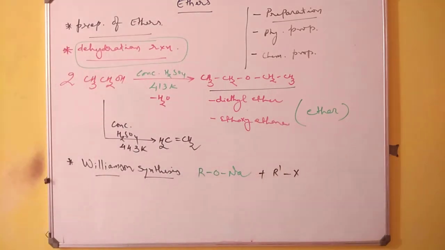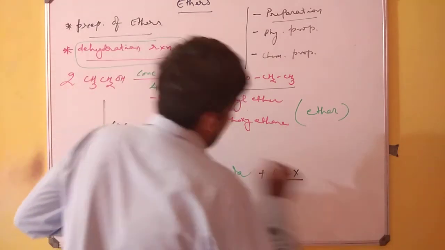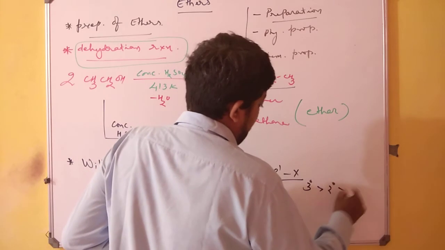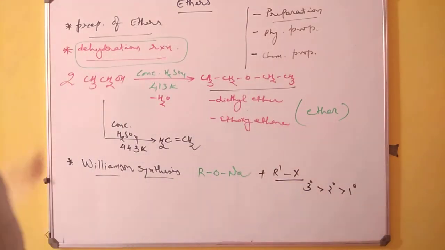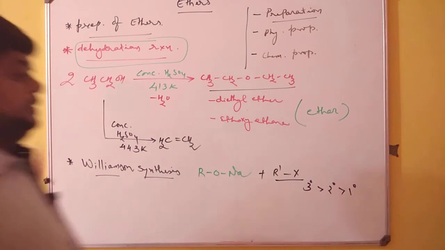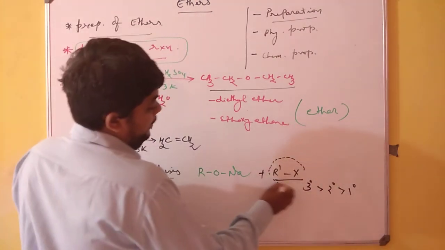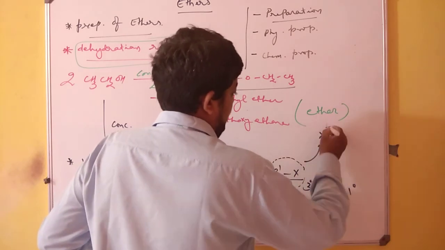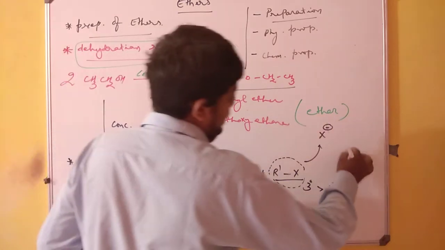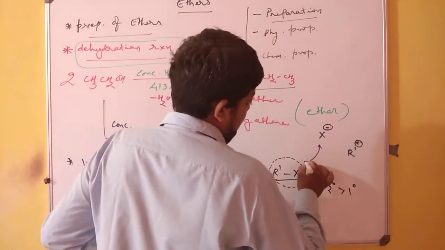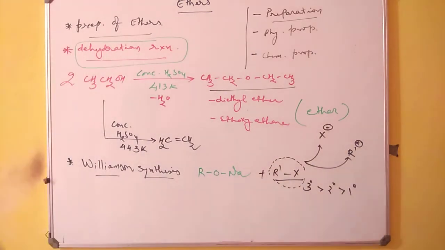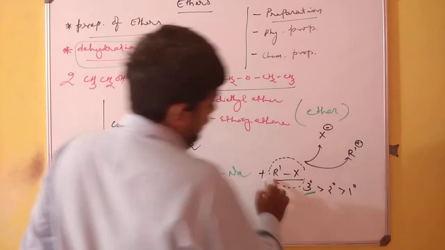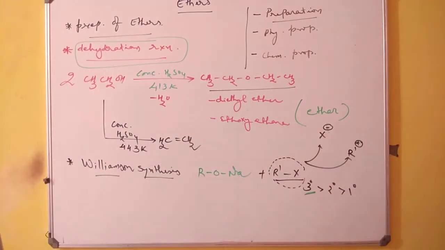Over here, be very clear that among haloalkanes, the tertiary haloalkanes will react more faster than secondary and will react more faster than primary, as the X from R prime X will be coming out as X negative, and on the other side R prime positive. So this is how it will work. So always taking a tertiary alkyl is more beneficial in Williamson synthesis.